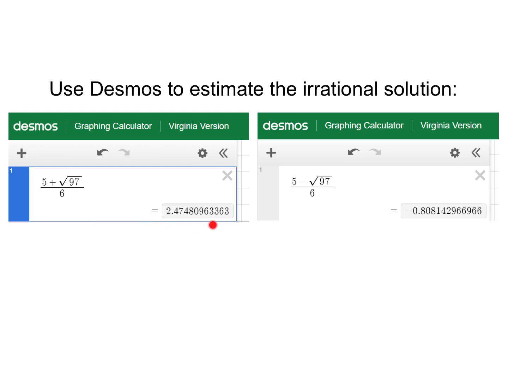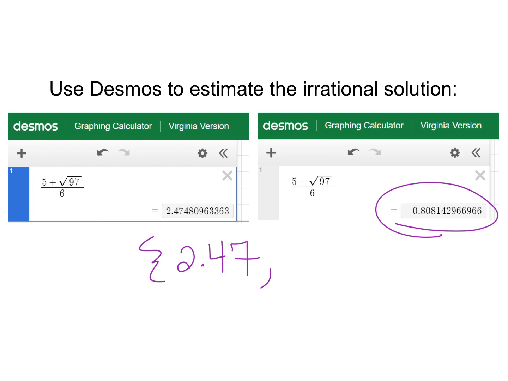This is an estimate, and so what we would do is we would round this, and typically I'll ask you to round to the hundredths place. So the first solution is 2.47, and the second solution is this one over here, the subtraction problem, which would be negative 0. That would round up to 0.81 if we were rounding to the hundredths place.